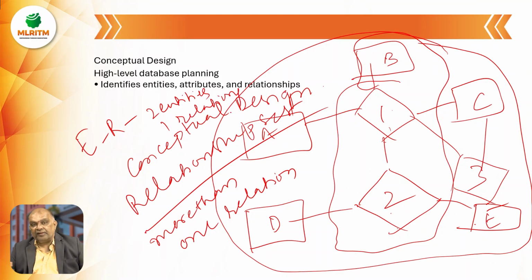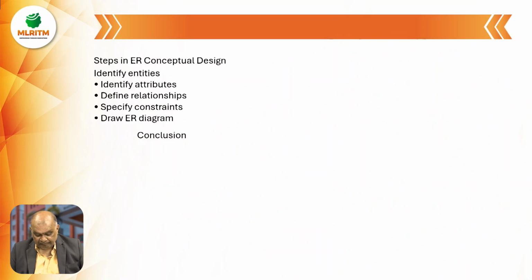So normally in conceptual design, that is high level design, we are going to have more than one entity and more than one relationship set. That means there are two relations. The two relations are going to have the entities; between the two entities, there are more than two relations.